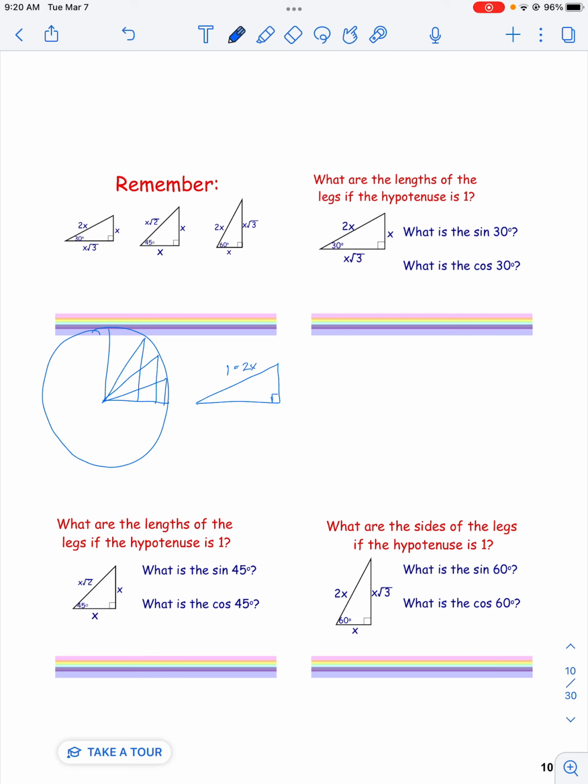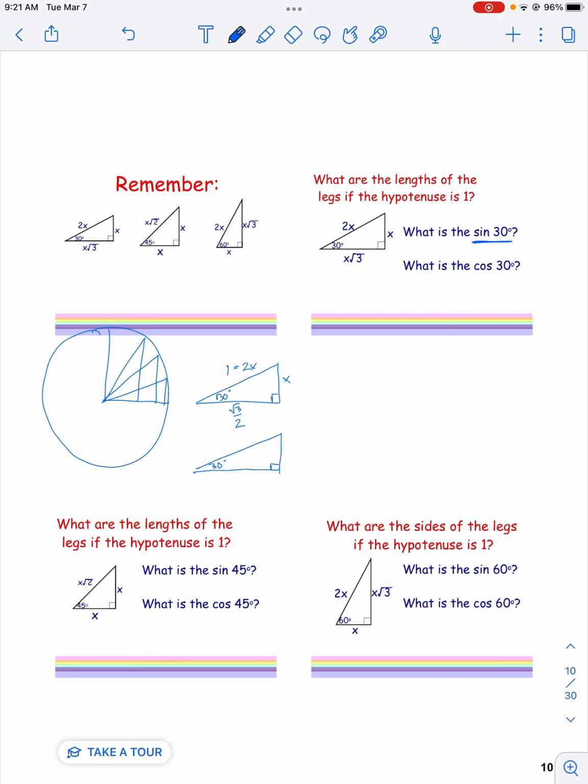If 1 is the hypotenuse, and the hypotenuse is known as 2x, then the side opposite 30 is going to be x, and the side opposite 60 is going to be the square root of 3 over 2. So if I'm interested in the sine of 30 degrees, I want the side opposite that 30-degree angle over the hypotenuse. But they're in terms of x right now. Let's solve for x and see what those lengths are going to equal.